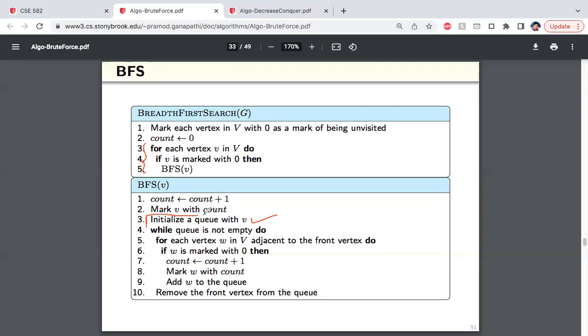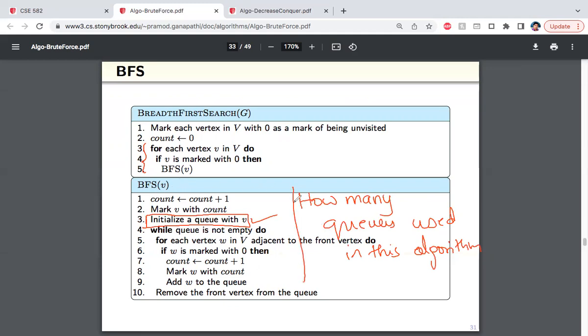So this can be another good question to ask. How many queues do you use, right? N queues in this algorithm. So you're initializing a queue for every node. So n nodes, n queues.